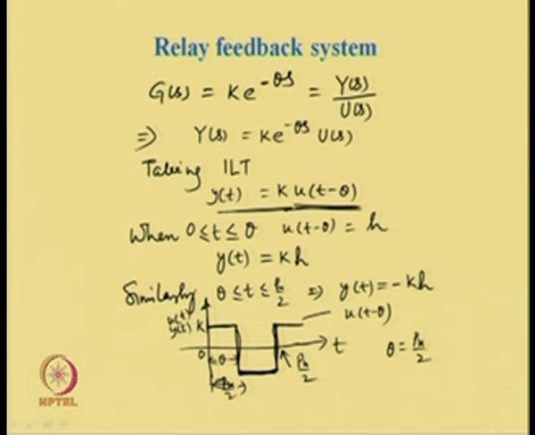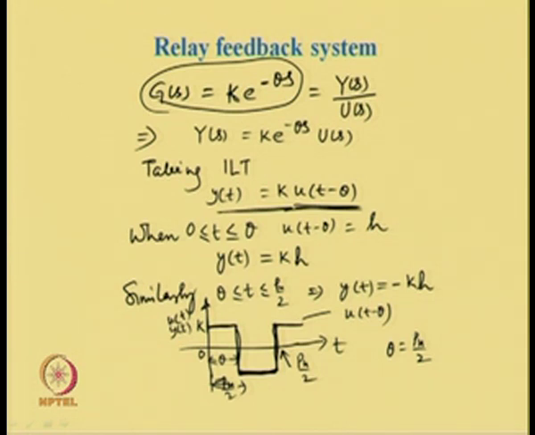So, this is very important for this typical case, when we have got a system which has got a gain and delay only, a delayed system, but the system has got a gain and it is delaying the input signal. For such case, Pu by 2 becomes theta. Then what will be the output of the system?